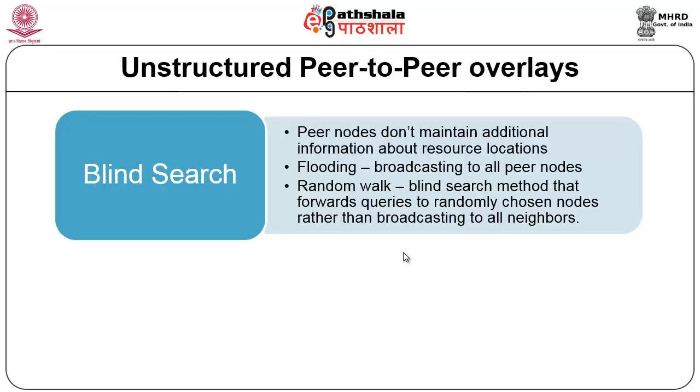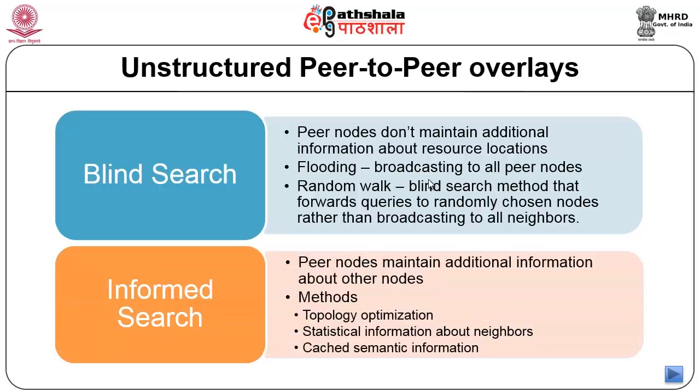If I have 10 neighbors, I choose any one node and I blindly send my data to that particular node. That is a random walk, but as can be easily understood, the success rate of random walk will be much less than the success rate of flooding. But flooding will come at the cost of huge congestion in the network.